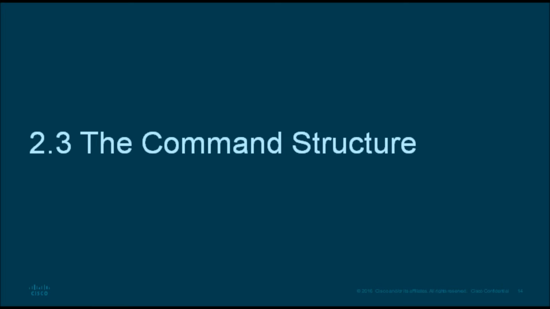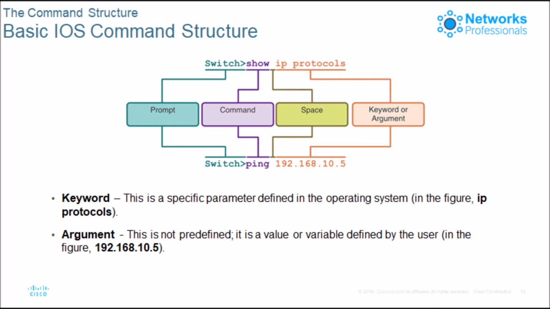A network administrator must know the basic IOS command structure to be able to use the CLI interface for device configuration. A Cisco IOS device supports many commands. Each IOS command has a specific format or syntax and can be executed only in the appropriate mode. The general syntax for a command, as shown in the figure, is the command followed by any appropriate keyword or argument.